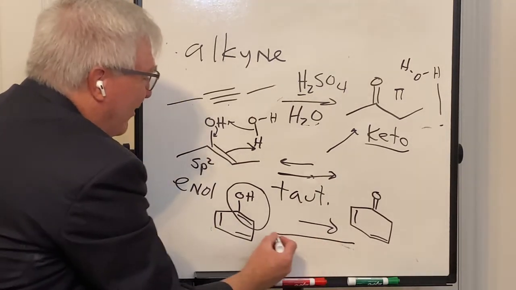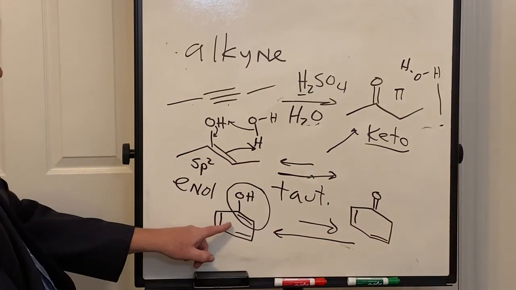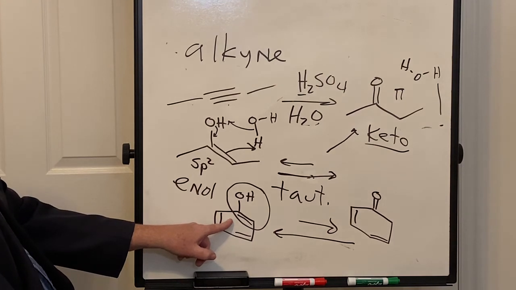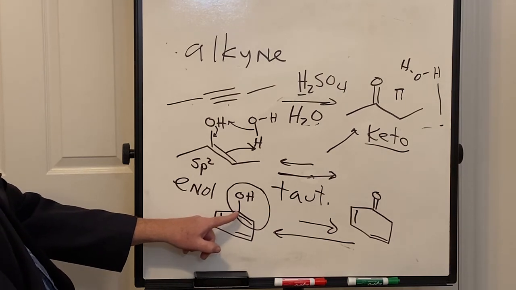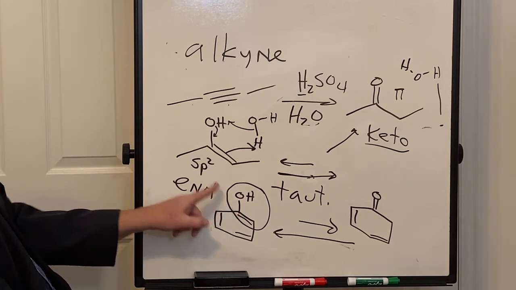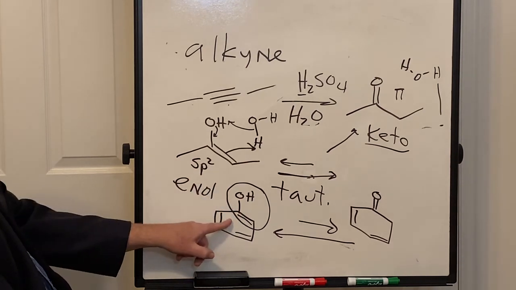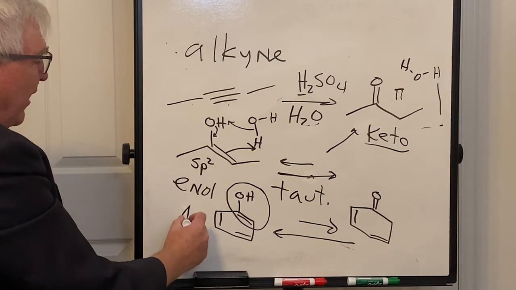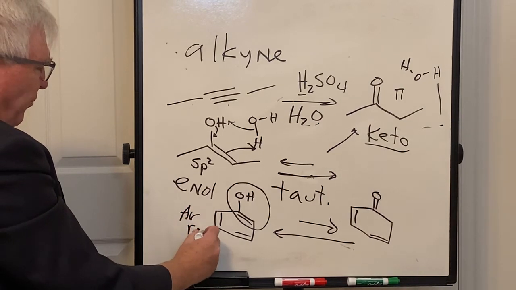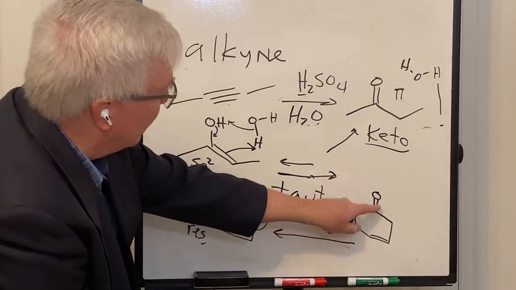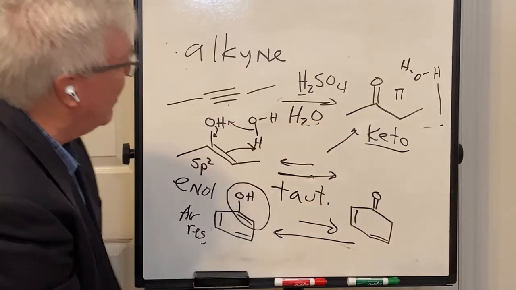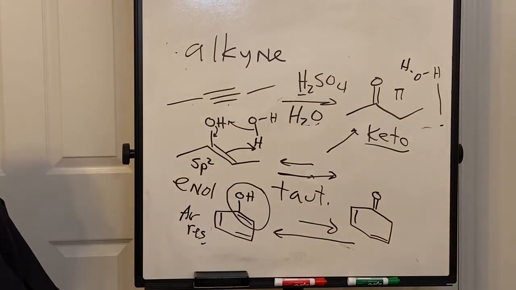Well, it highly favors the enol. We'll learn later on that this is due to resonance stabilization, okay? But indeed, this is an alcohol on an sp2 hybridized carbon where the enol is actually more stable due to aromatic resonance, which is more than the carbonyl resonance that you normally get from simple enols, okay?